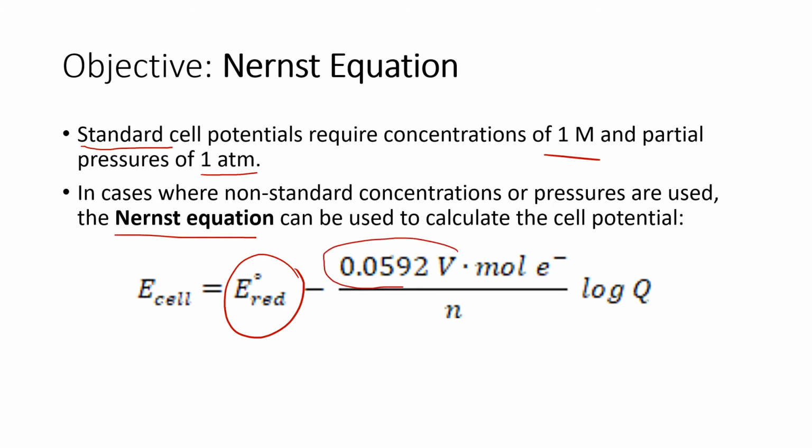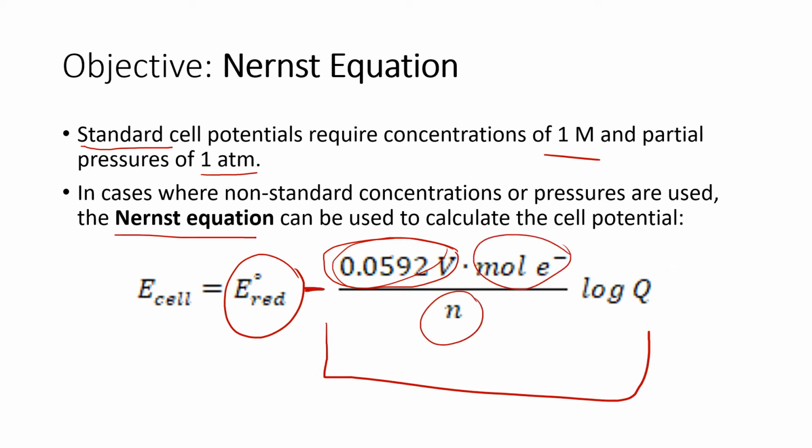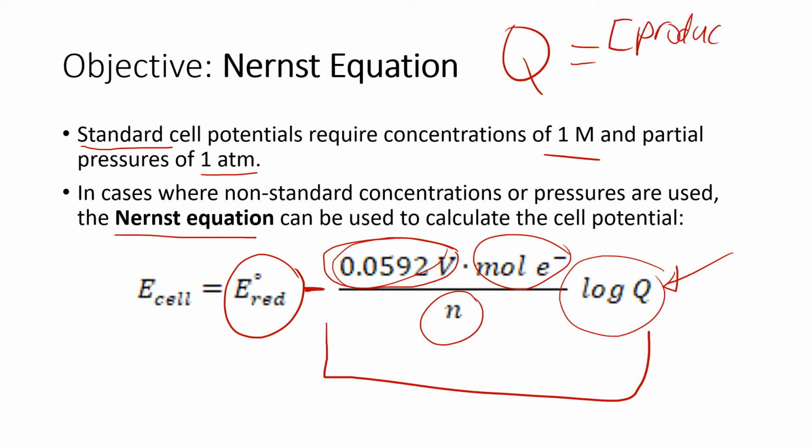This is just like a constant in this equation, so you subtract away this part right here. So this is just a value. You divide by the number of moles of electrons that are being used to reduce whatever cation you're looking at, and then you take the log of the Q. So you will take the concentrations, you will calculate Q, so products raised to whatever they need to be raised to over the reactants.